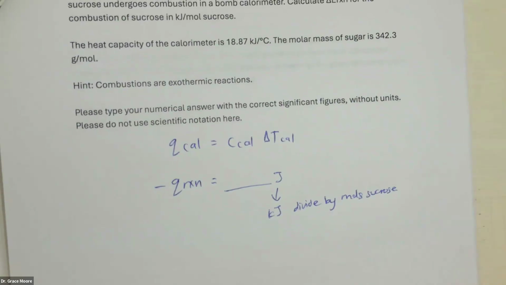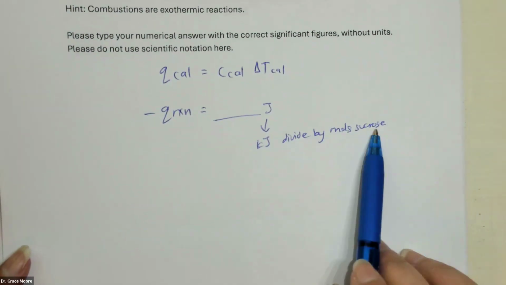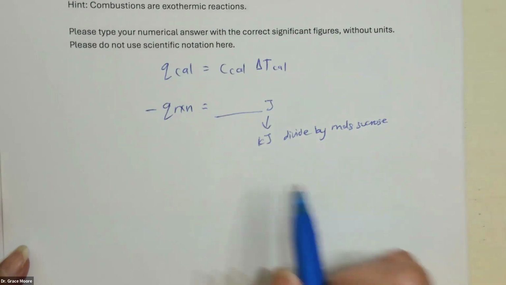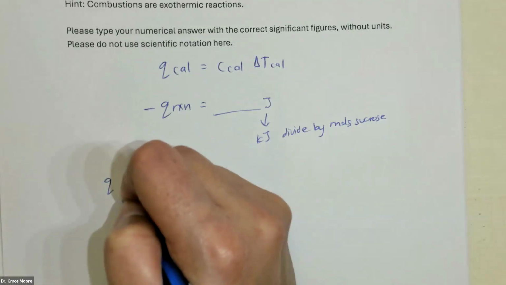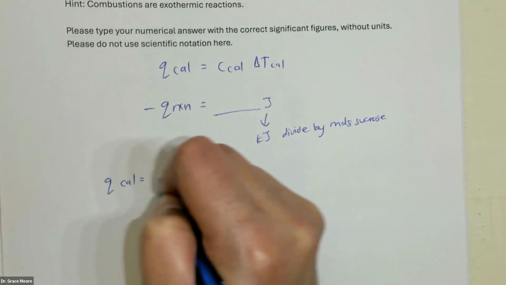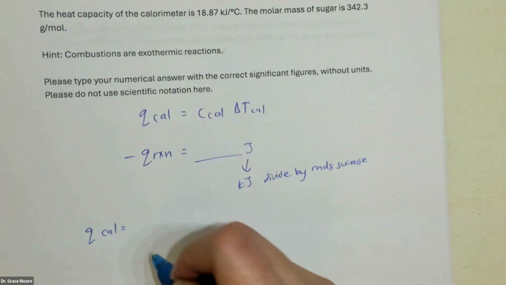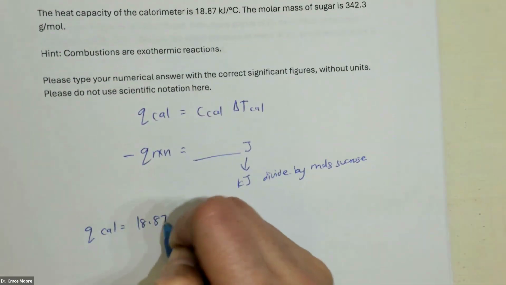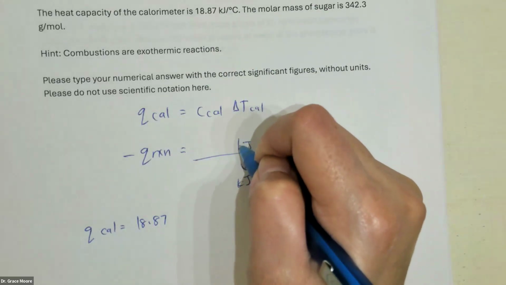Okay, so let's go ahead and calculate the Q-cal, and then we'll plug it in and find the moles of sucrose and then divide to get the correct answer that's being asked about. So Q-cal equals C-cal, which is given, 18.87. Well, actually, they gave us kilojoules per Celsius, so your answer is going to be in kilojoules.